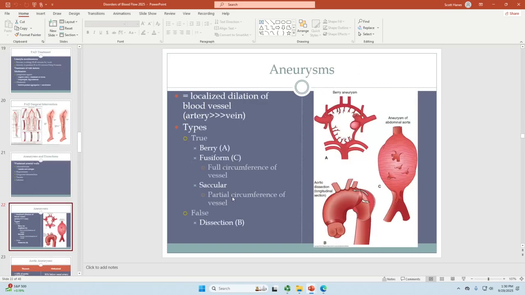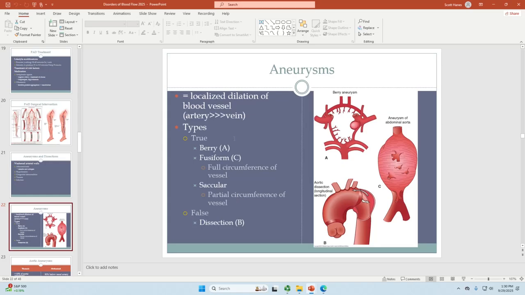So aneurysms, what they are is an abnormal dilation of blood vessels that occur in the arteries, okay? Really much more so in the arteries, minor, if at all, in the veins, because again, we're looking at high pressure blood flow, and that'll occur in the arteries.